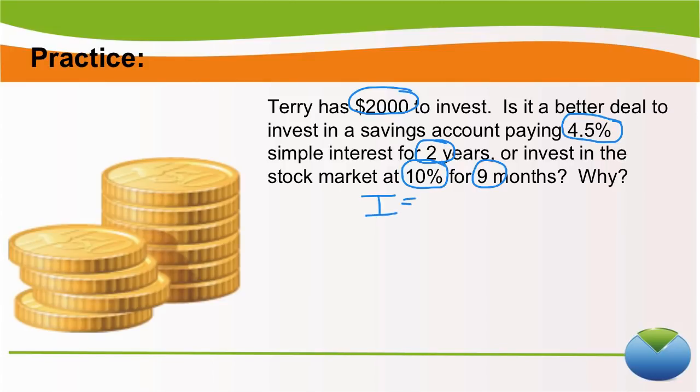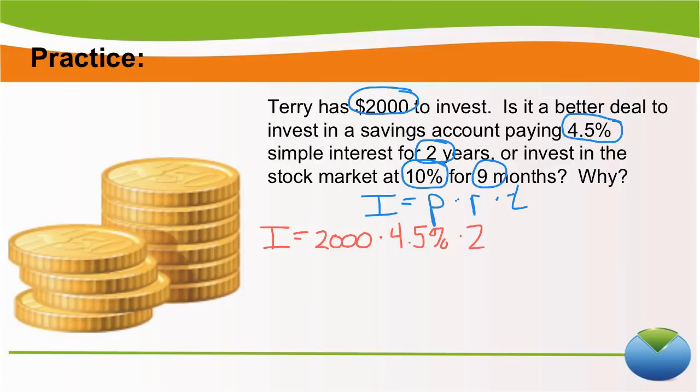So we're going to do this, and we're going to compare. We're going to use our formula, money times the percent times the time in years. All right, so let me switch colors. We'll do the savings account in red. So if Terry goes the savings account route, he's going to have $2,000 times, our percent is 4.5%, times 2 years.